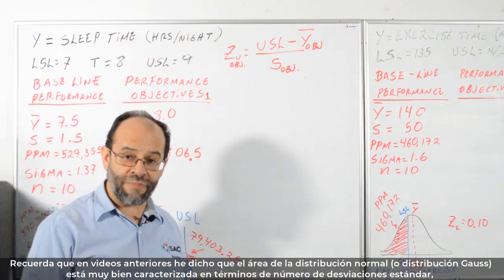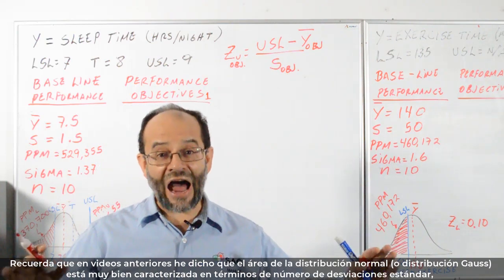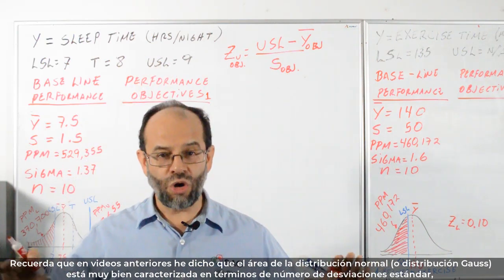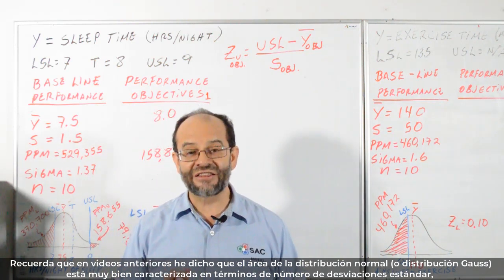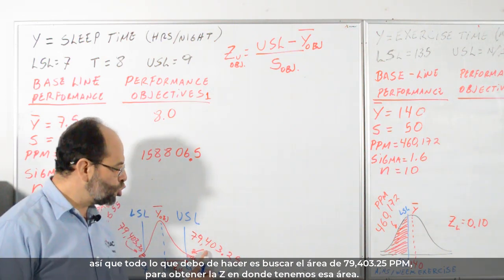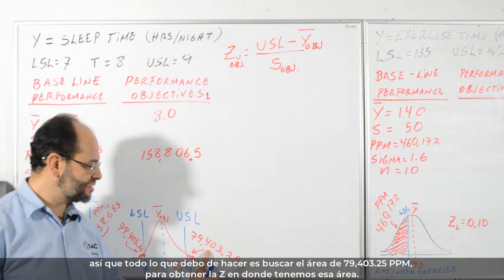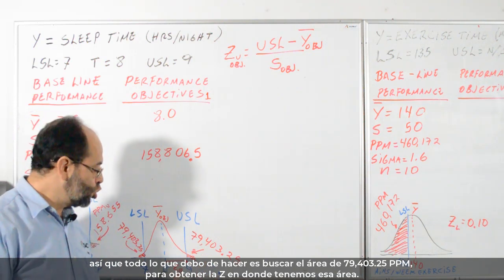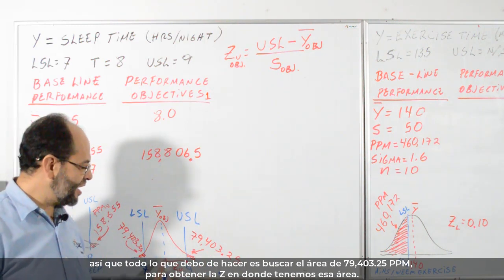Remember, in a previous video I said that the area of the normal distribution, the Gauss distribution, is very well characterized in terms of number of standard deviations. So all I have to do is look for this area, 79,400 PPMs, to get the Z that gives me this area.